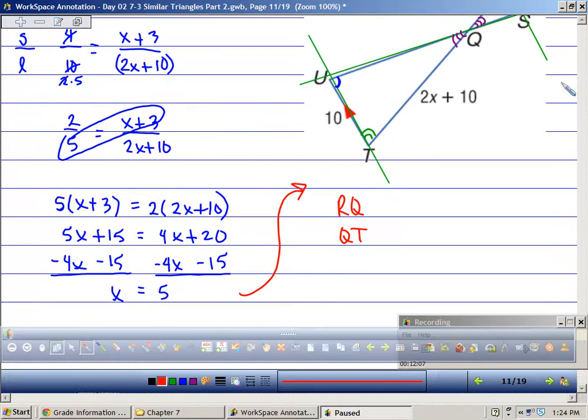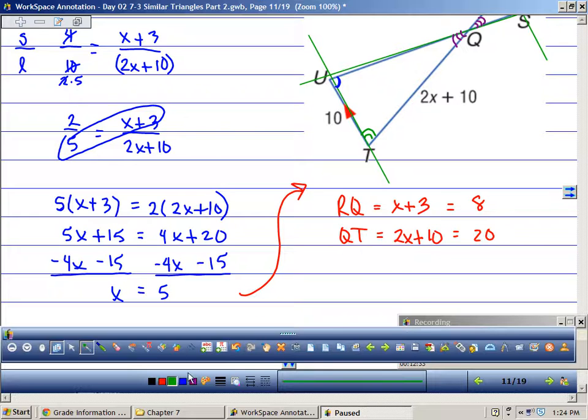And RQ is at the top, what was it? X plus 3, thank you. RQ is x plus 3, and QT is 2x plus 10. So this is 8, and this is what? 20. Which should be a ratio.